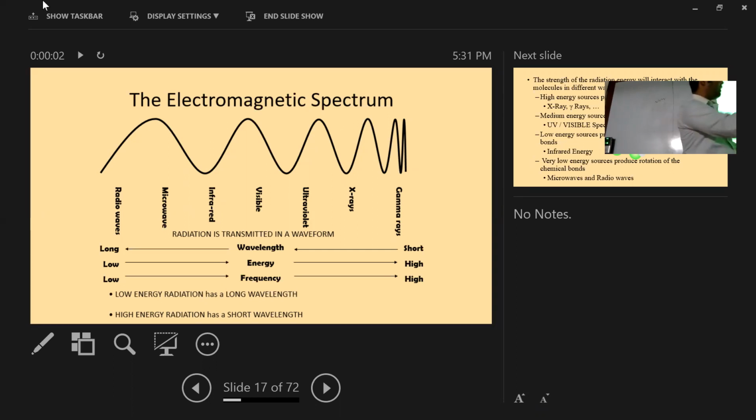To excite this molecule, you need to apply higher energy. Maybe this one. If you give this much energy, or at least this much energy, that can help you excite this molecule. So depending on the energy we are giving to the molecule, that will determine how it behaves.